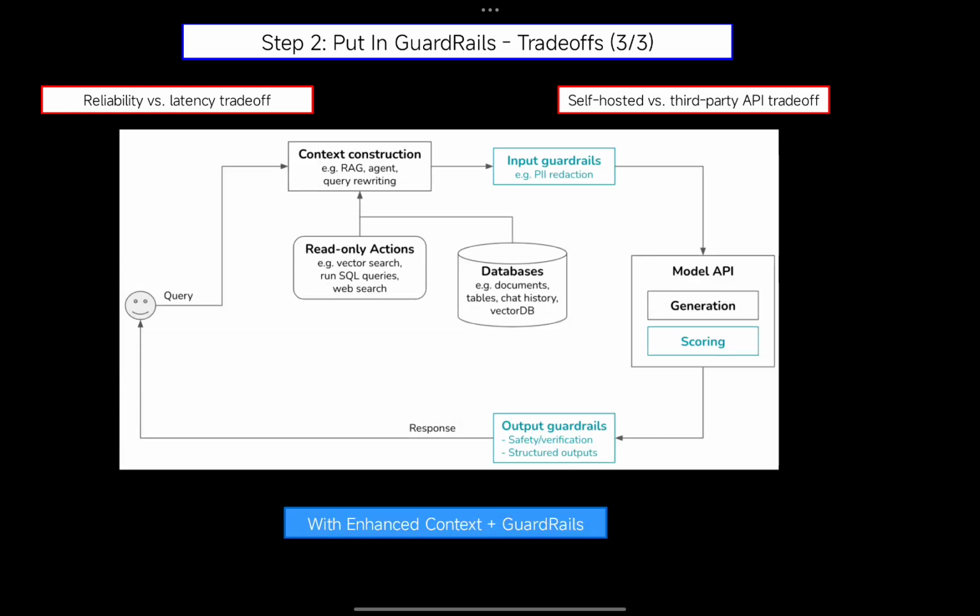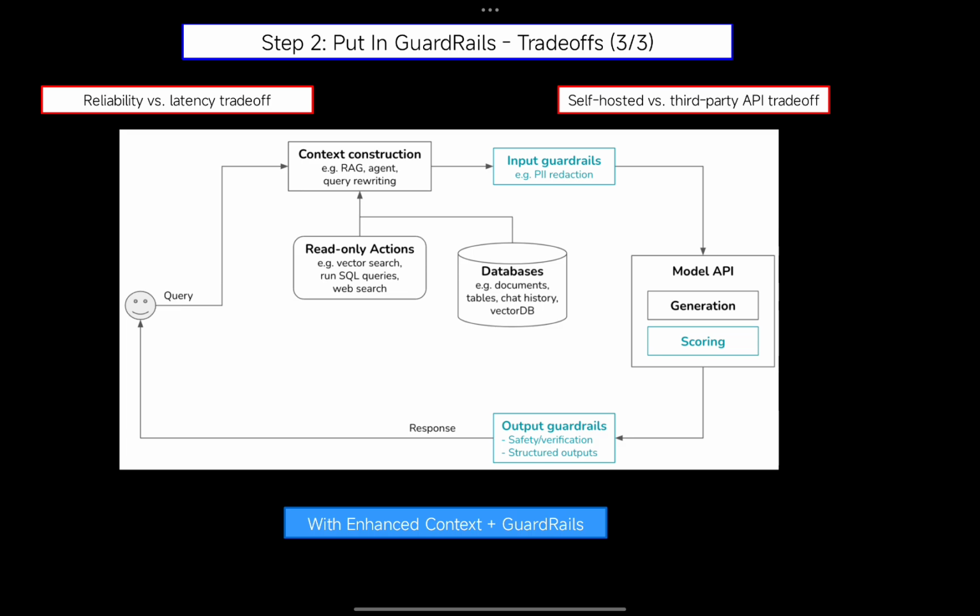And now your system architecture will look like this, where the query comes from the user, then it goes through a query context construction phase, and then you put in the input guardrails where you reduce the PII related information, which can be sensitive information that could be exposed to the outside world.